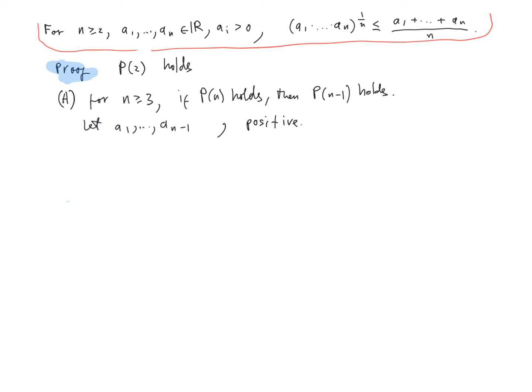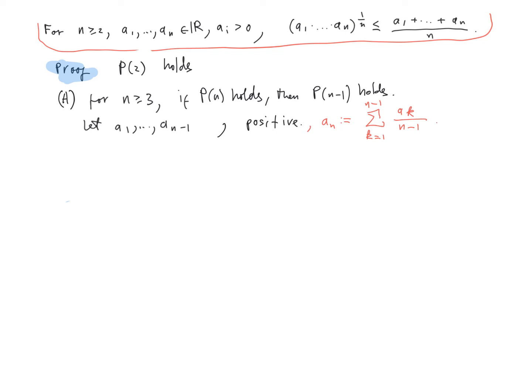So these numbers are given to us, but now we also define an additional real number, which we're going to call a_n, and we're going to define it as follows. We take the sum over all k from 1 to n minus 1 of ak, divided by n minus 1.